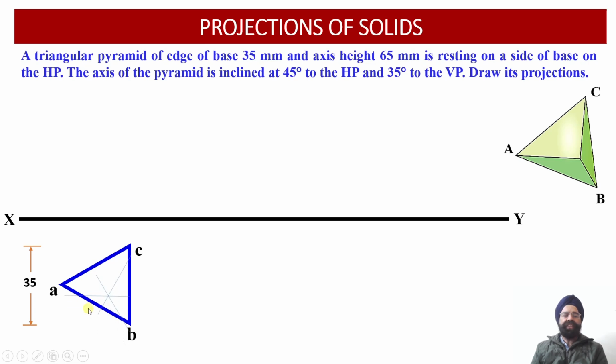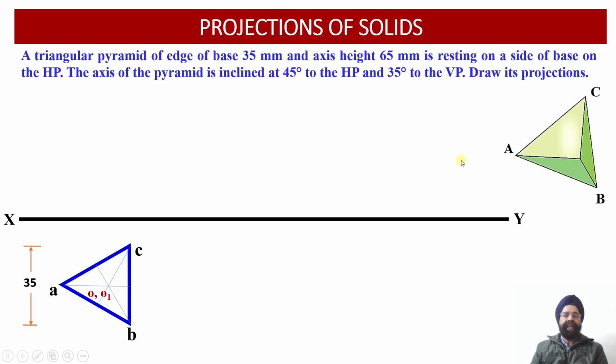Wherever these three perpendicular bisectors drawn from the three corners of this equilateral triangle intersect, this point will provide us with the location of the axis of this triangular pyramid. So this apex point or the axis OO1 will be located over here.